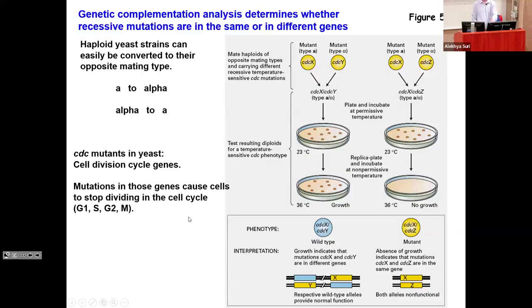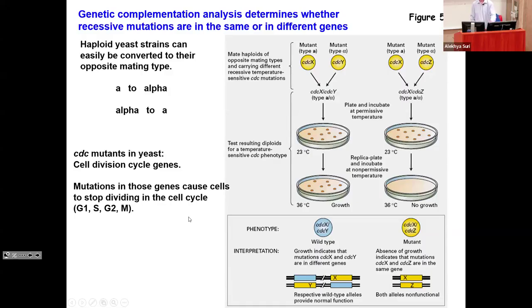So in each case, the wild type gene would complement the recessive mutation in the other gene. This means the X and Y mutations would be located in different genes.